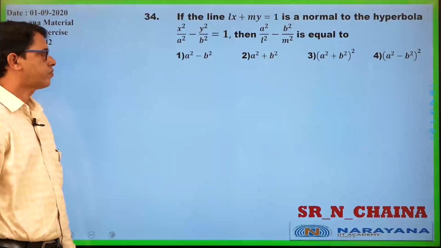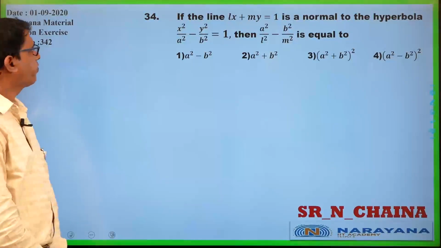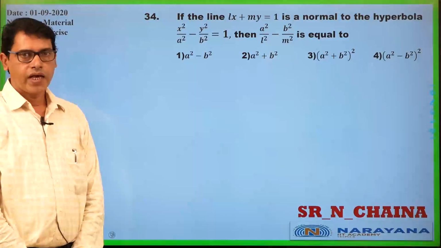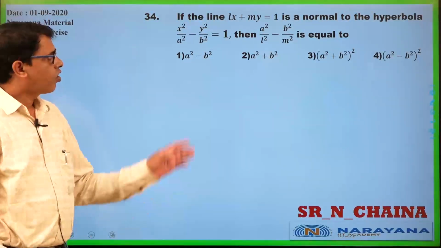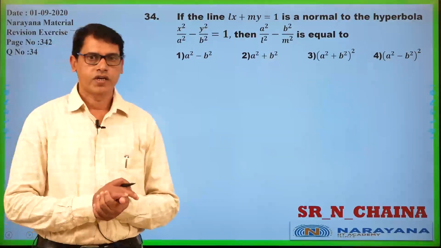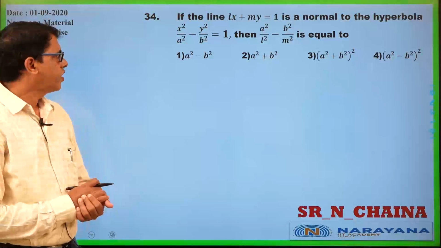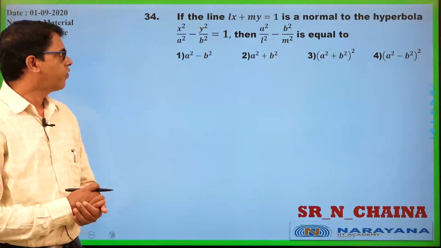See, here the question is: the line Lx plus my equals to 1 is a normal to the hyperbola x square upon a square minus y square upon b square equals to 1.